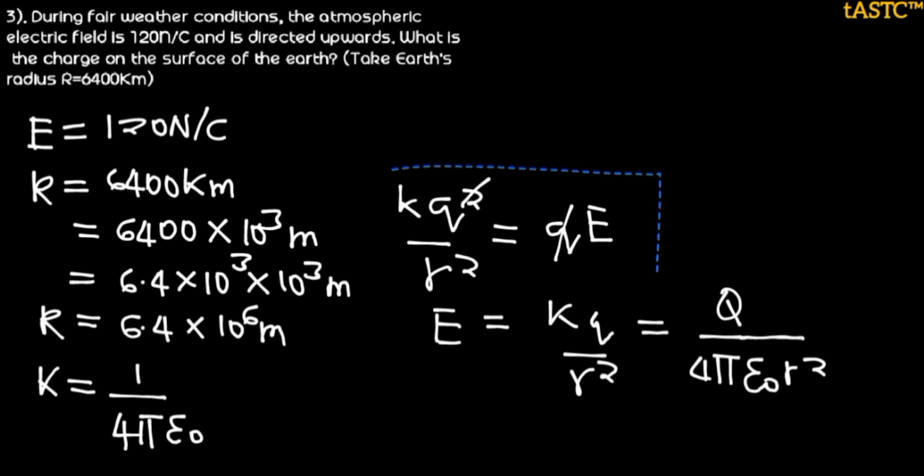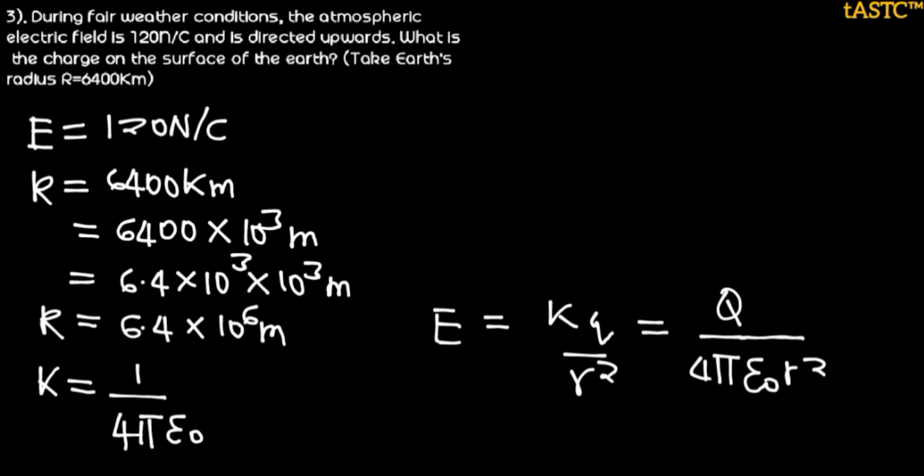So we are required to find out what is going to be the charge on the surface of the Earth. So R stands for the radius of the Earth. So we know that E in this case is going to be equal to Q divided by 4 pi epsilon naught R squared.